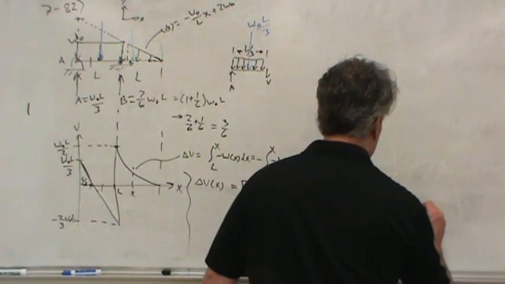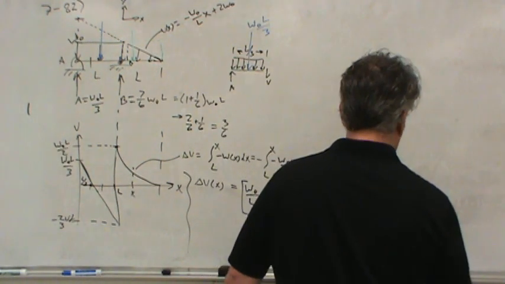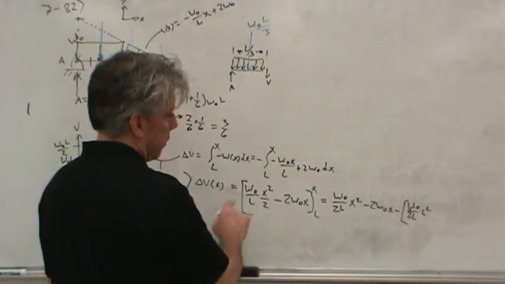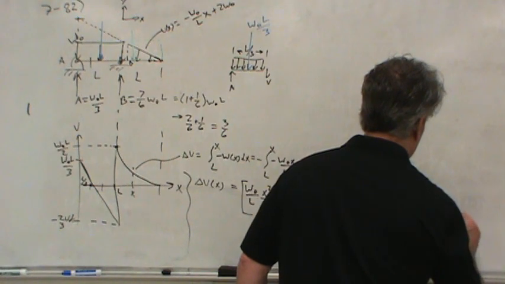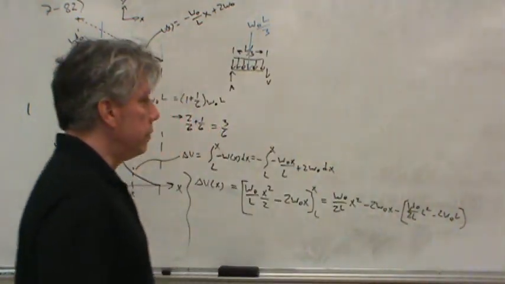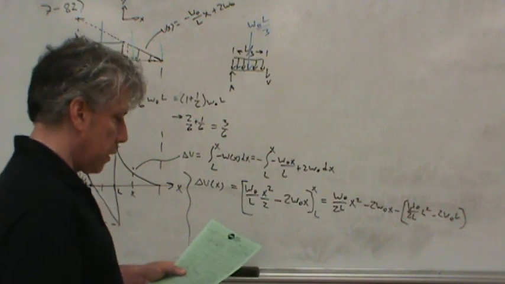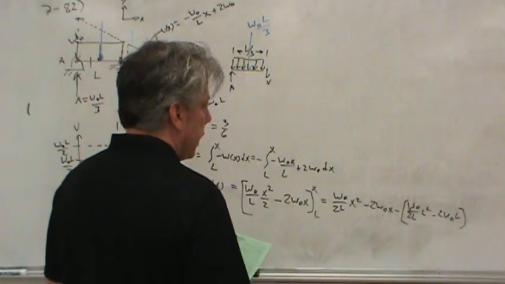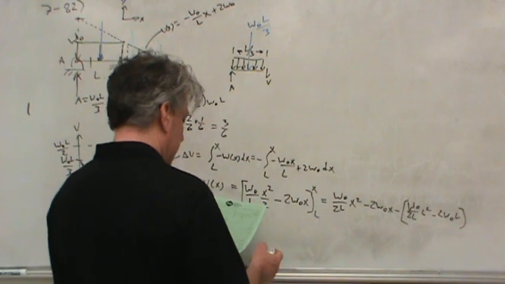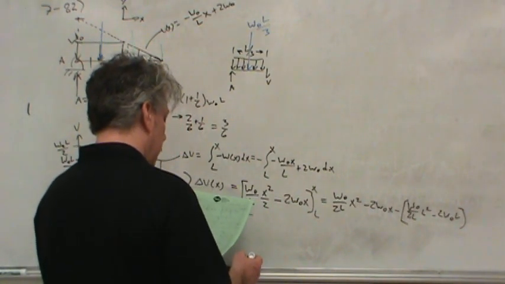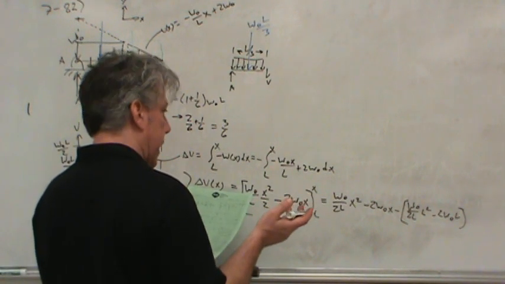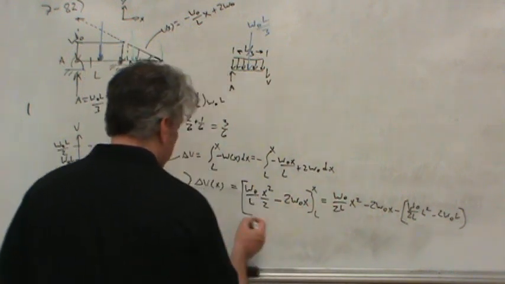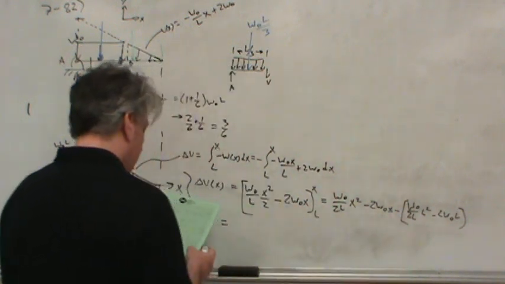So W naught over 2L L squared, minus 2W naught L. Now we notice that this factor W naught over 2, what I really was trying to do is just put the squared terms together.